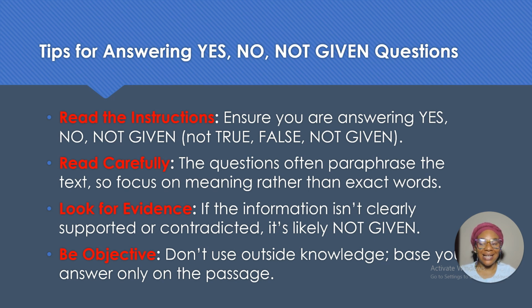Clearly supported means you can literally say in paragraph this, this is why the answer is yes, because it is supported. You can find the same meaning in the passage as what you have in the question, or contradicted. In that case, the answer will be no. So you can find a contradictory statement to the one in the question. So it's clashing, it's contradictory, it's opposite.